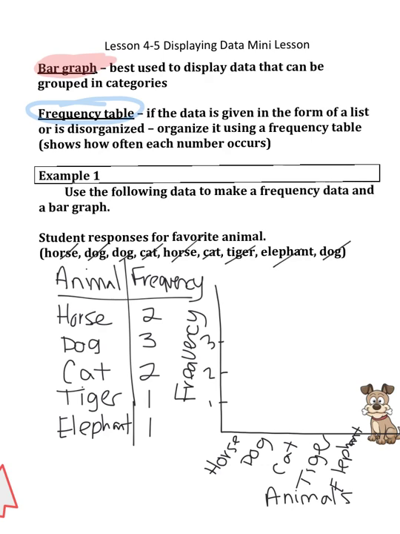Okay, I'm just going to draw it. So for horse, we're going to go up to 2. Dog, we're going up to 3. The bars don't touch, they're their own category. Cat will be 2 as well.